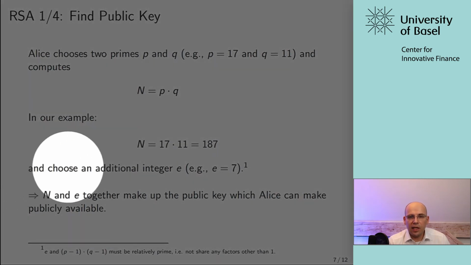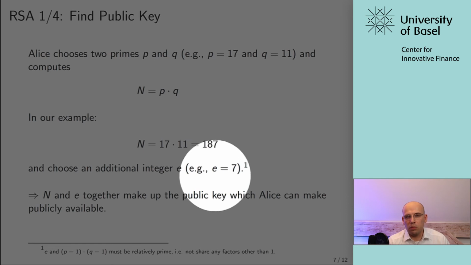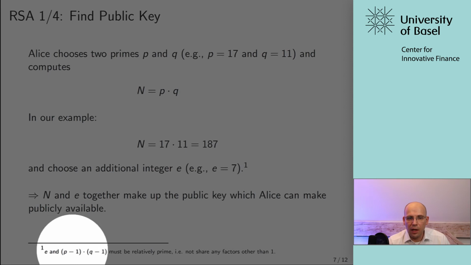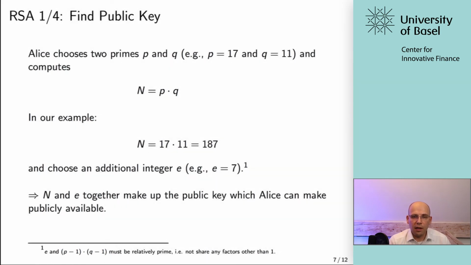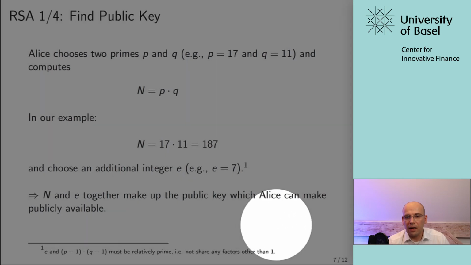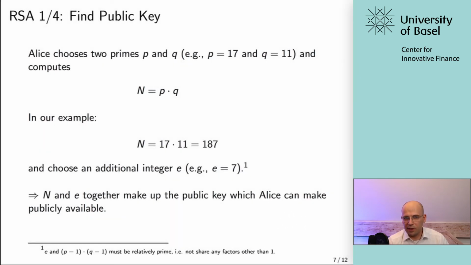Then she chooses an additional integer, which is referred to as E, and in our case is 7. What's really important is that this E value and the value (P minus 1) times (Q minus 1), which we will later refer to as phi of N, must be relatively prime, so they cannot share any factors other than 1. That's just a condition that needs to be satisfied.